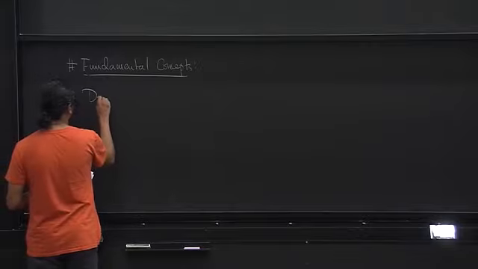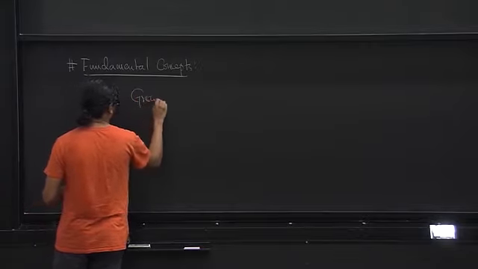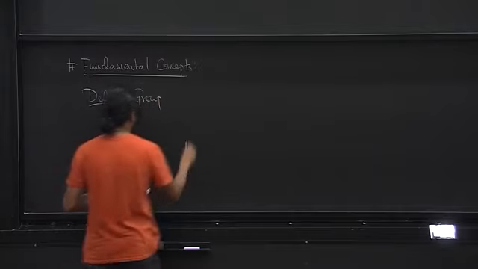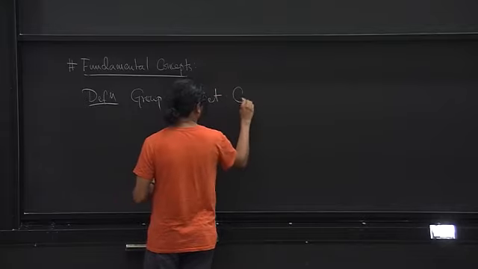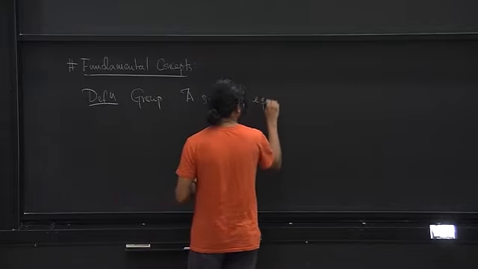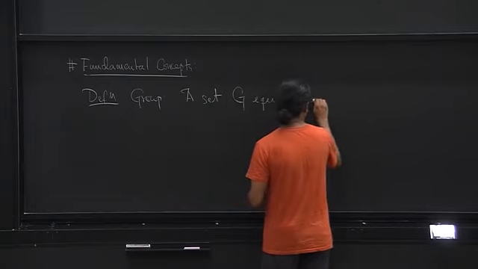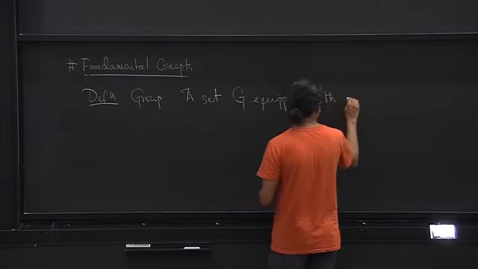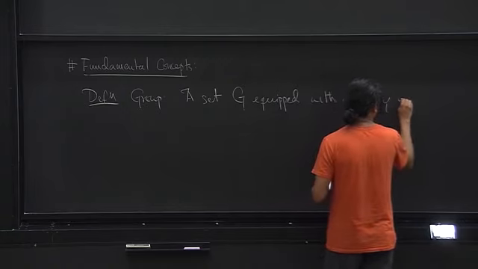So what is a group? A group is a set G equipped with a binary operation.